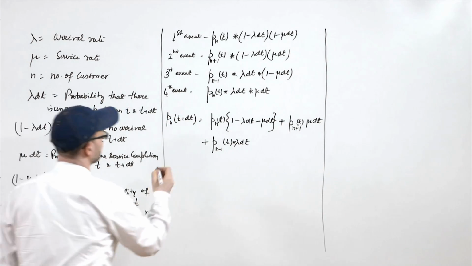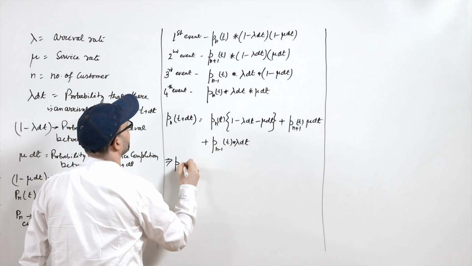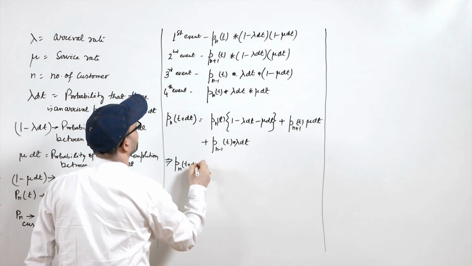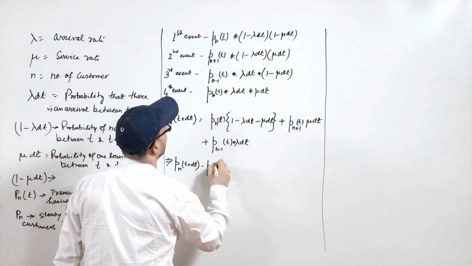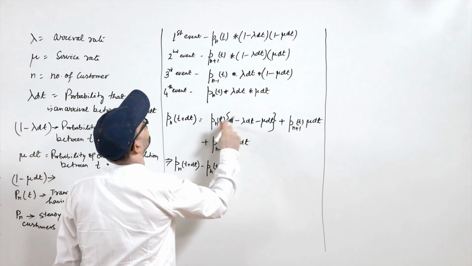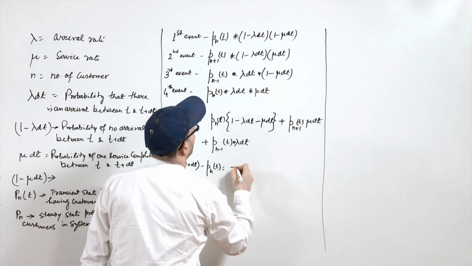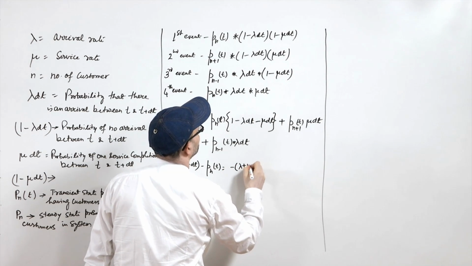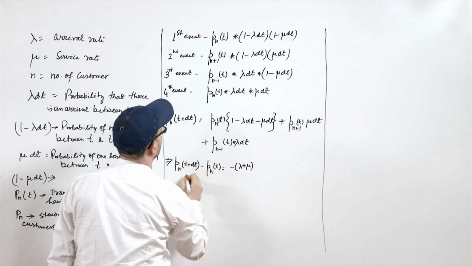So, what we see is from here we can get P n (t + dt) minus P n (t). This P n (t) will be taken out. So, you will have minus of (lambda plus mu), and we will also take dt to this side.